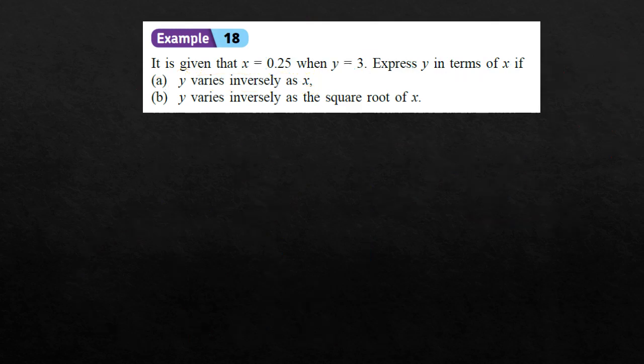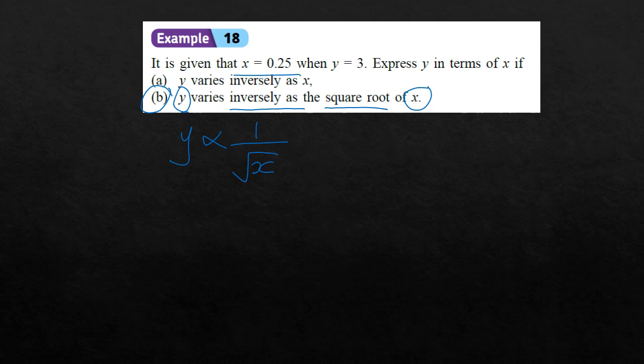Okay, now we look at B. Y varies inversely as square root of x. Okay. It is given.